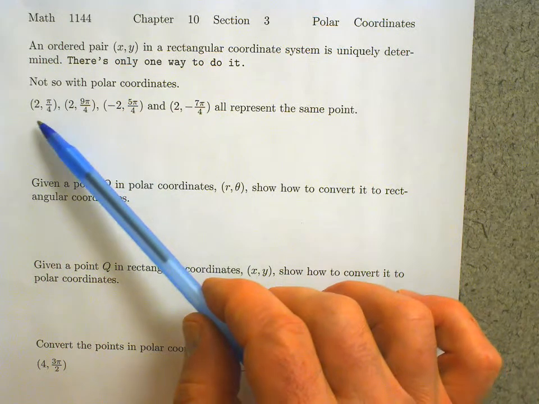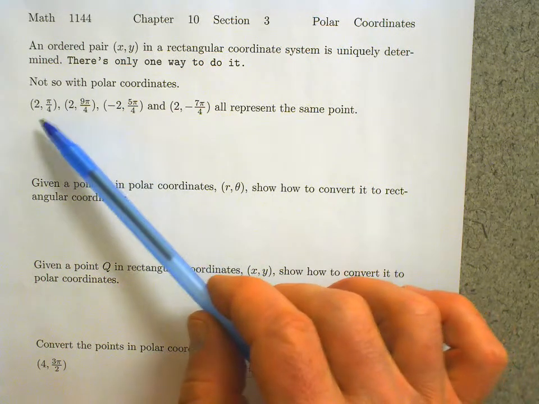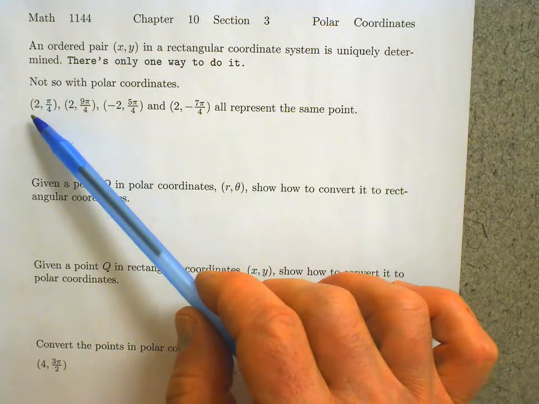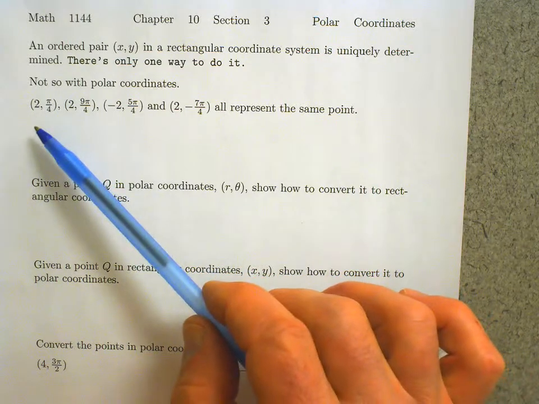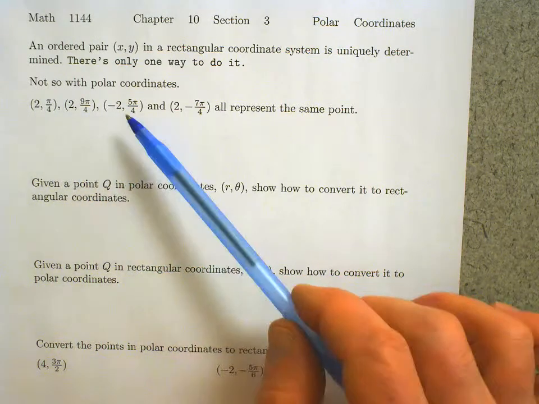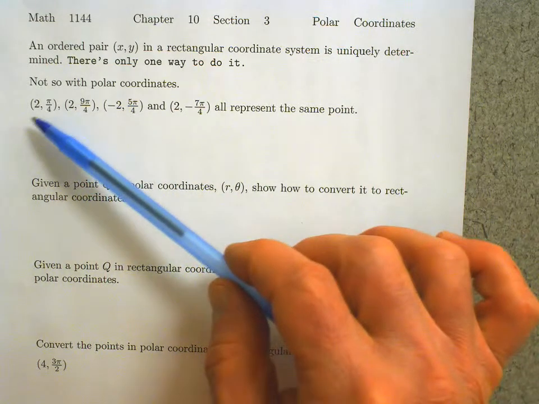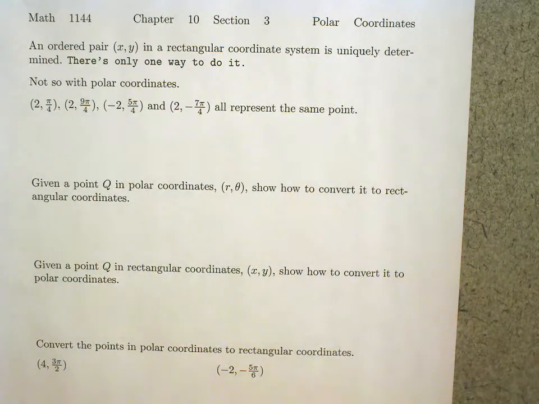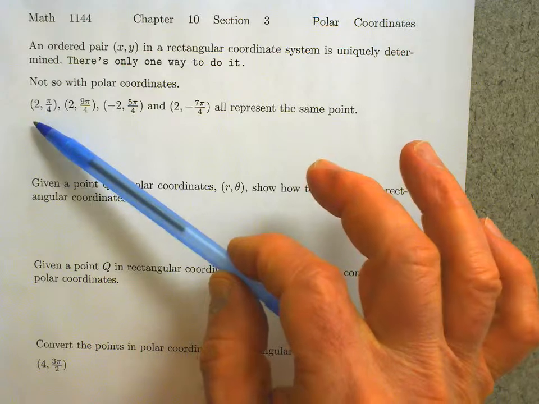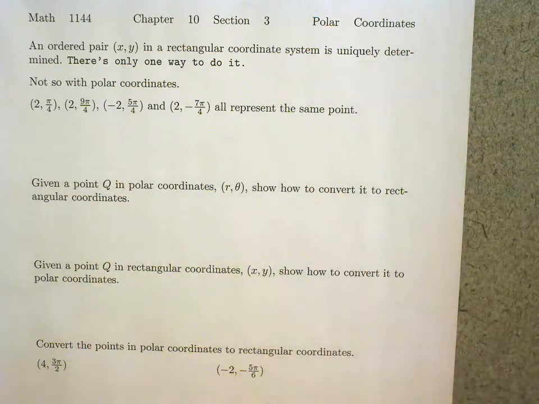And here's an example. We have the same point represented in polar coordinates in 4 different ways. But there are infinitely many ways to do it. Here are just 4 out of the infinitely many ways to do it.